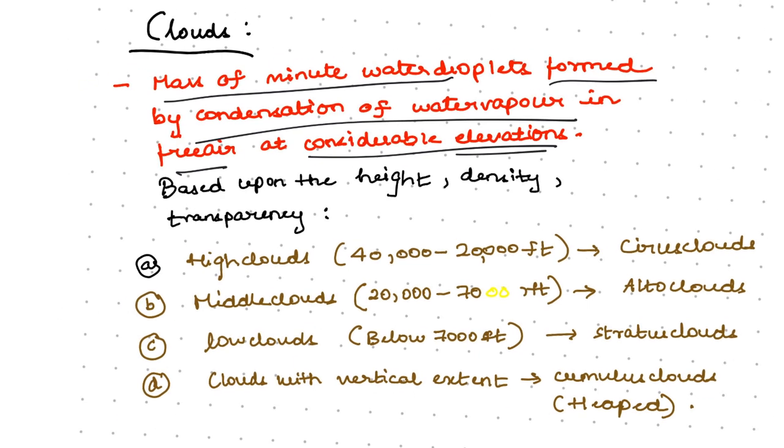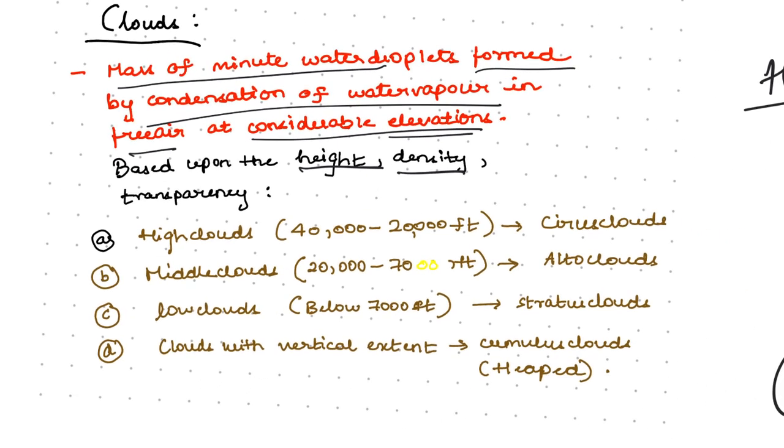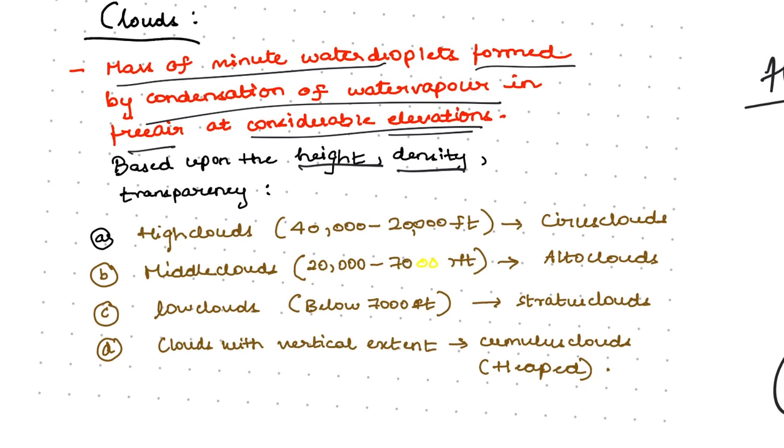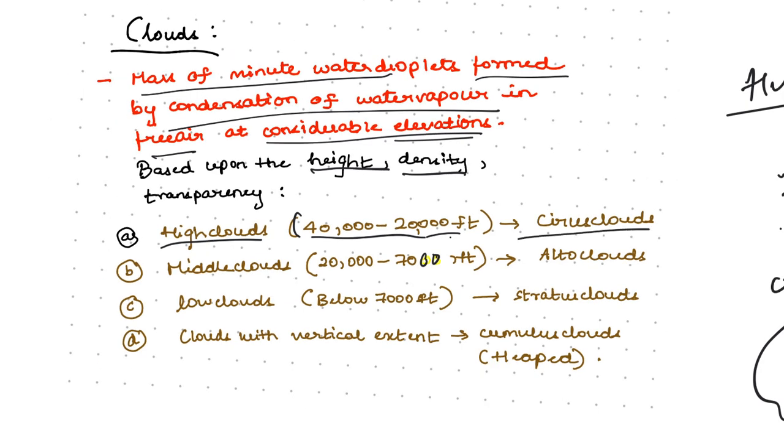Based upon height and density, where they form and what their density is, clouds are of 4 types. The first one is high clouds. Clouds located at higher elevations, that means from 40,000 feet to 20,000 feet, are called high clouds. An example is cirrus clouds.